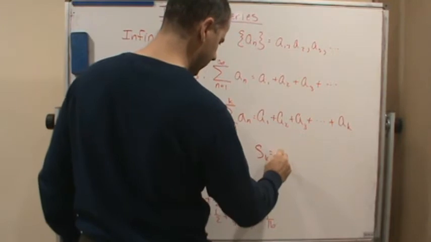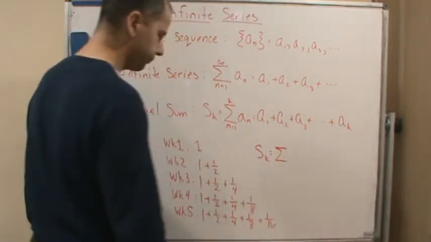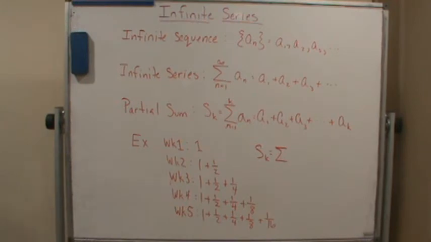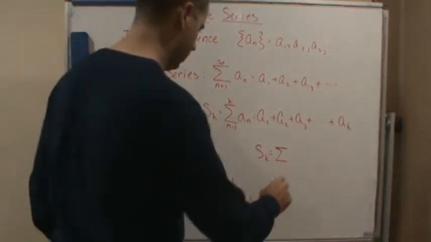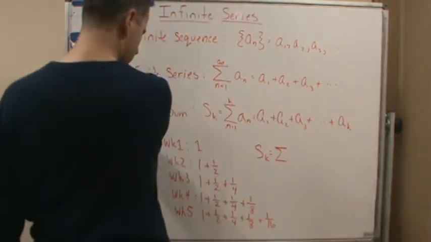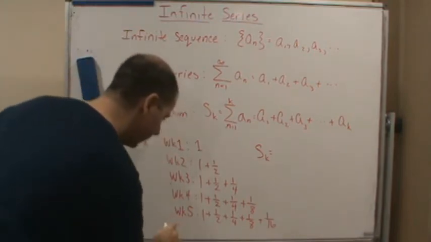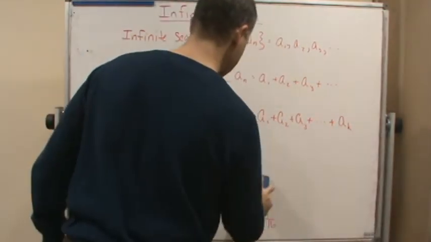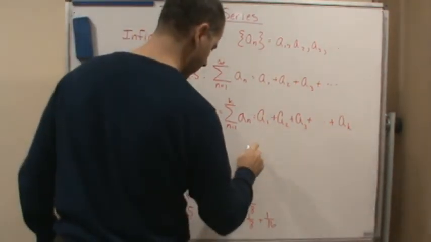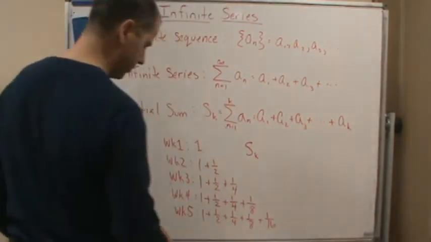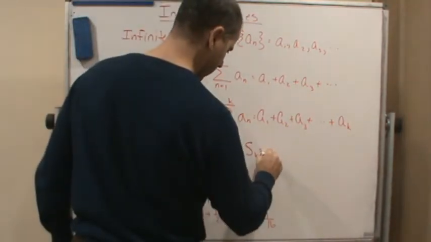So the partial sum, let's go to week K, is going to look like this.